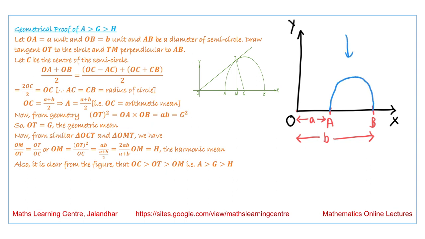This is the semicircle with AB as diameter.